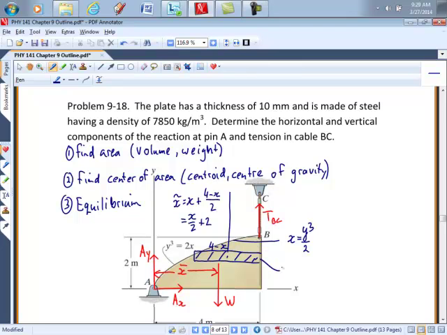Okay, and this is our dA equals x dy, sorry, it's not x dy, it's 4 minus x times dy. 4 minus y cubed over 2 dy.